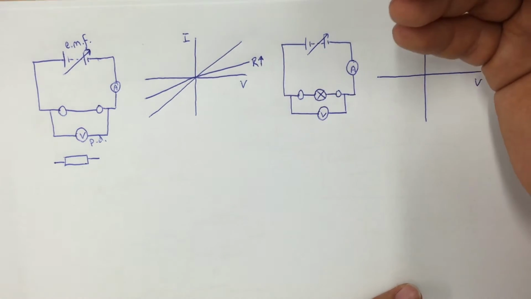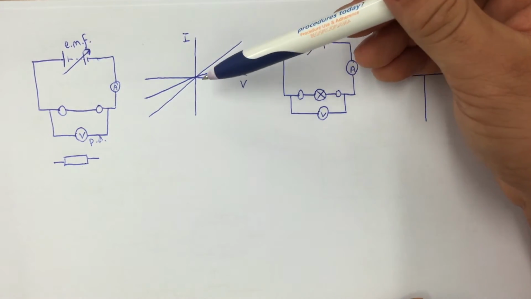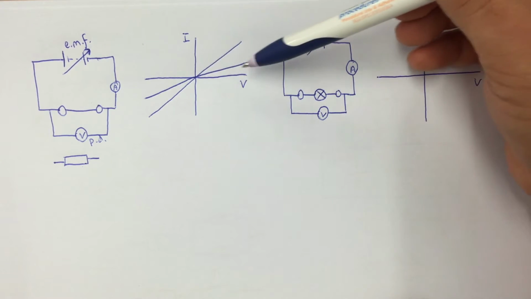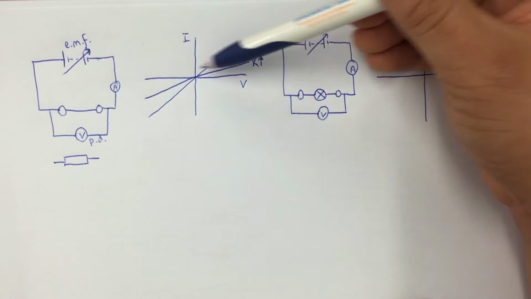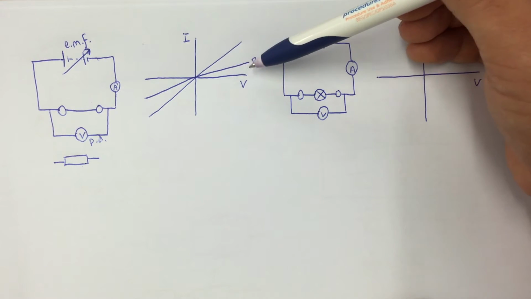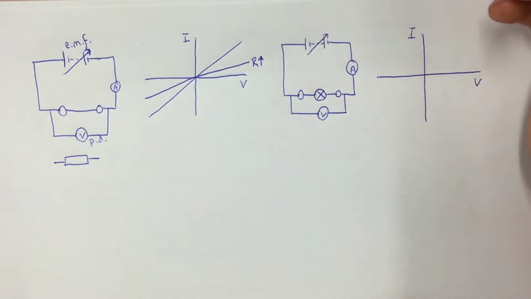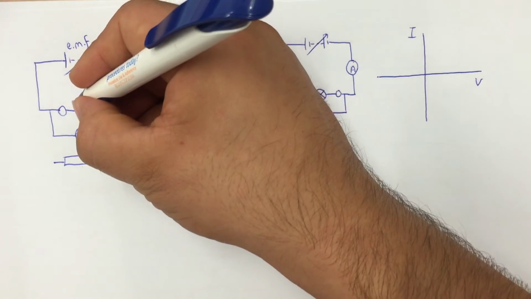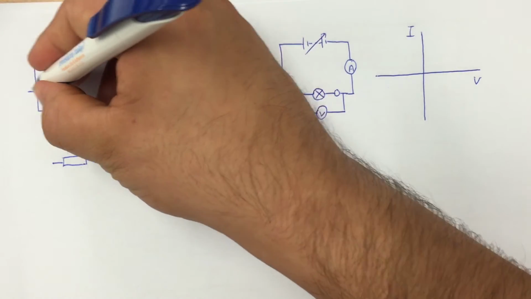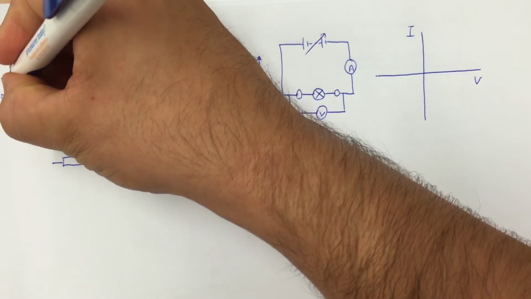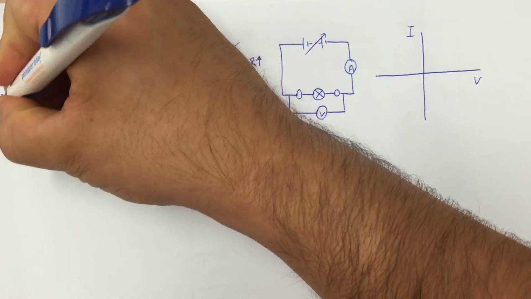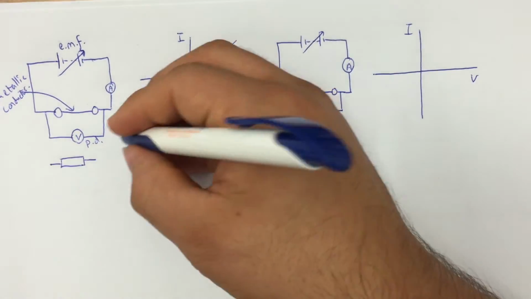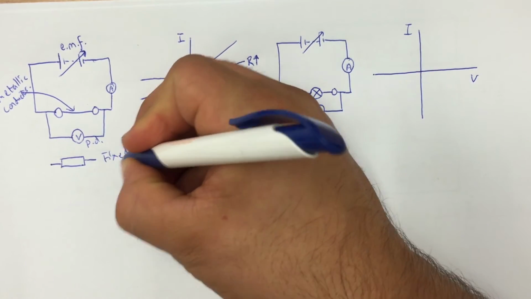Another way, a simpler way of thinking about this might be that if you have a really high voltage, but you have something that has a really high resistance, the current still is not going to be very big, and that's why this line is lower than this one. So that's the IV characteristic for either, in this case, a wire, a metallic conductor, which is a fancy way of saying a wire, or a fixed resistor.